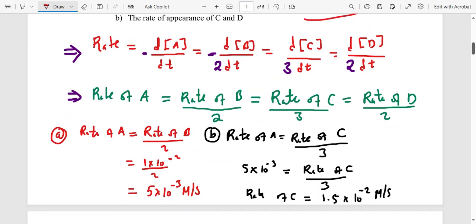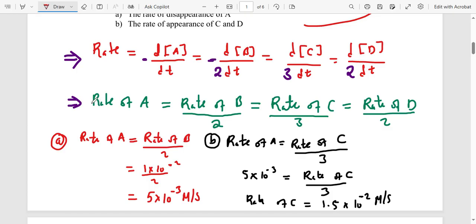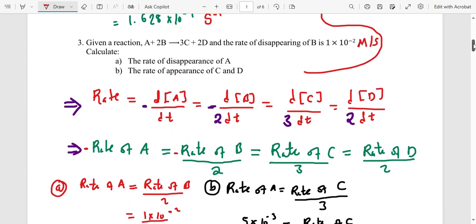Now another thing that I forgot when I was writing this rate, please don't forget to attach a negative. Because these are the reactants, they're disappearing. So you have to put that negative in front. But in this case, since we were already told this, I want you to understand the language.